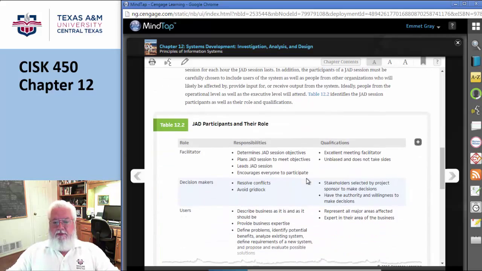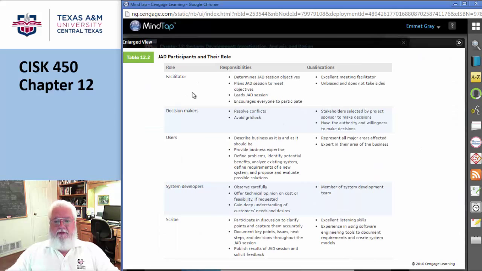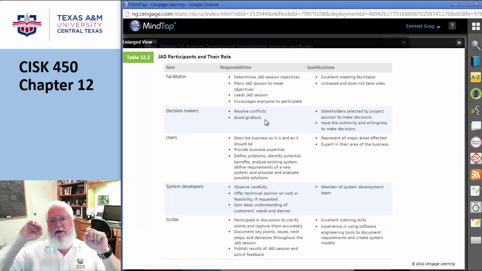They have a little table here talking about the roles and responsibilities. So yes, you're going to have a facilitator. You're going to have some sort of a decision maker because you're probably going to have some conflicts and gridlocks. There will often be requests where one person says, I need unfettered access to the accounting system, and then another request comes in saying, we need to lock down the accounting system.